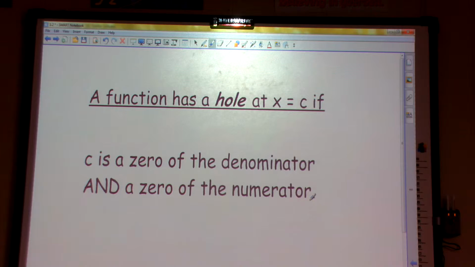A function has a hole at x equals c if c is a 0 of the denominator and a 0 of the numerator.